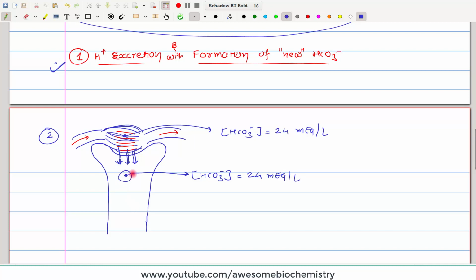So in this immediate filtrate, the bicarbonate concentration is the same as that of the blood. The reason is that it is freely filtered. So that means 1 liter of this filtrate contains 24 milliequivalent of bicarbonate.